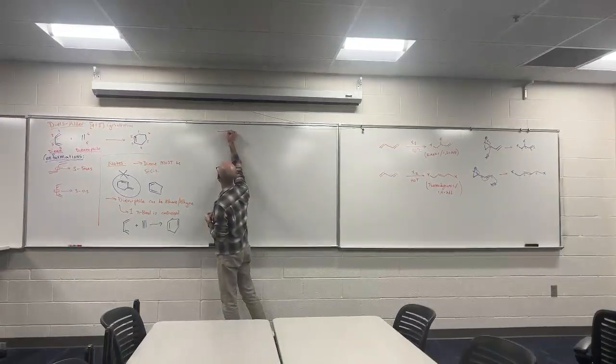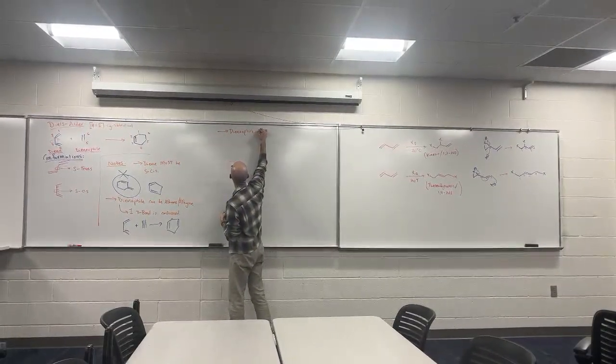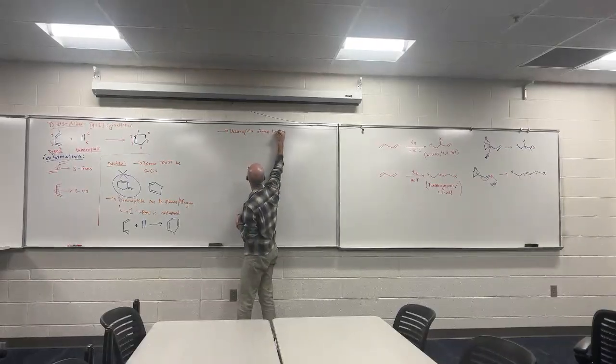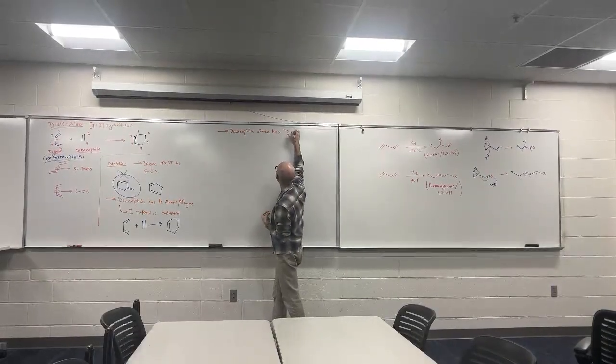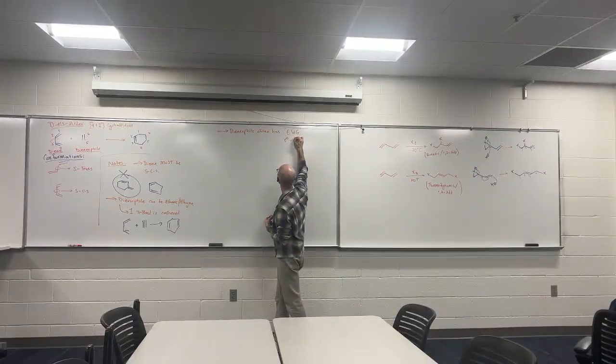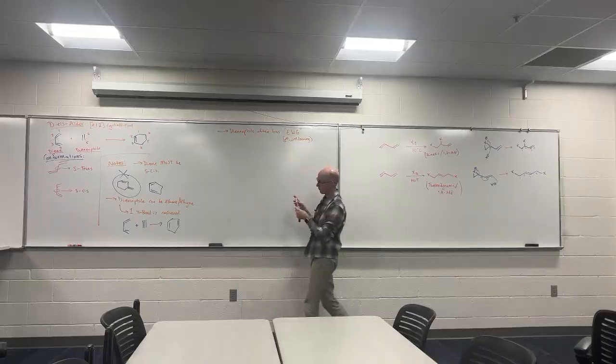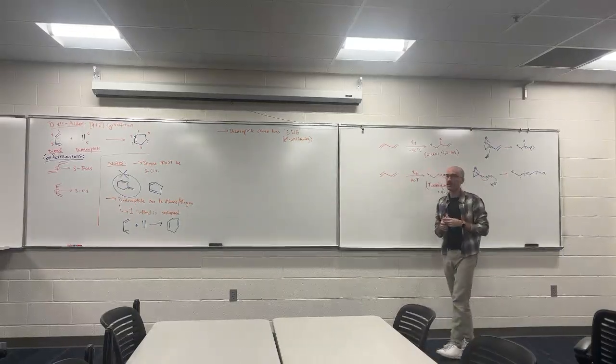The last note here is that the dienophile often has these electron withdrawing groups. We call them EWGs.